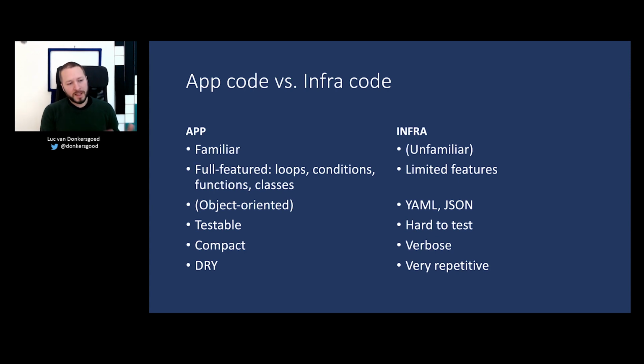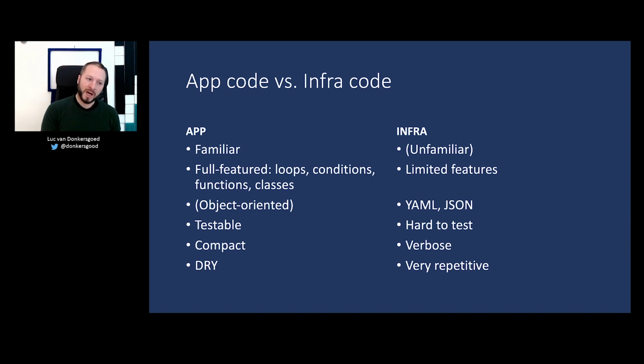So let's just put those two platforms side by side. On the left side, we have the application. On the right side, we have the infrastructure. And the application is written in a language that is familiar to the developer, while the infrastructure might be an unfamiliar language. The application is fully featured, so you have loops and conditions and functions and classes. And the infrastructure code has limited features.